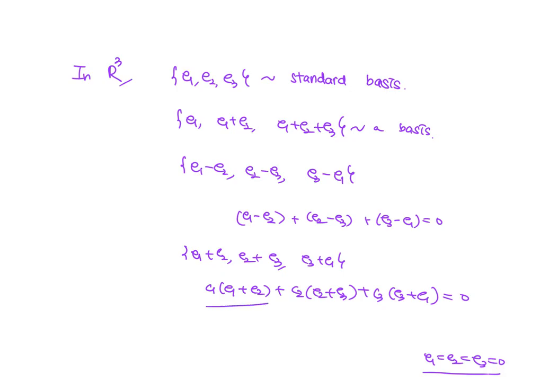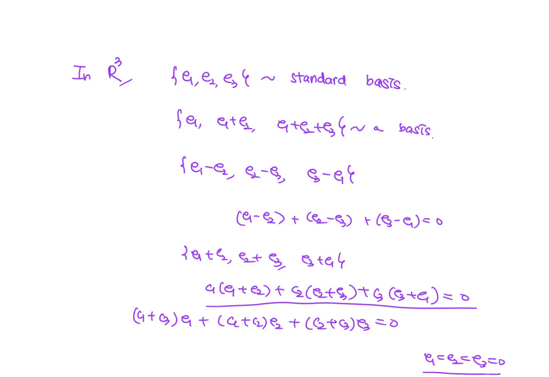Now, if I assume that the linear combination of three vectors is zero, and then rearrange these terms, the left-hand side will be (C1 plus C3) times E1 plus (C1 plus C2) times E2 plus (C2 plus C3) times E3, and that equals 0.